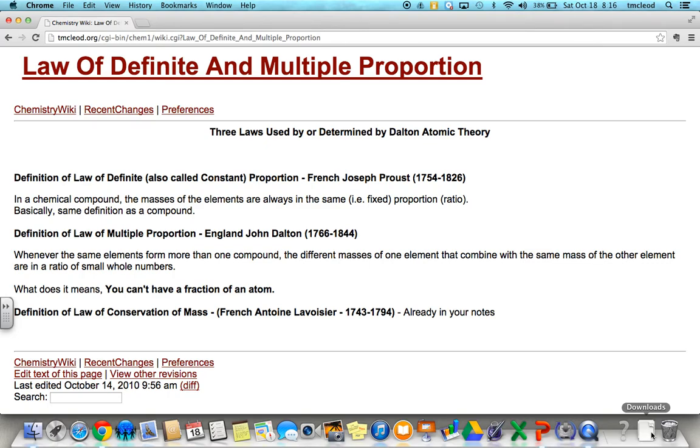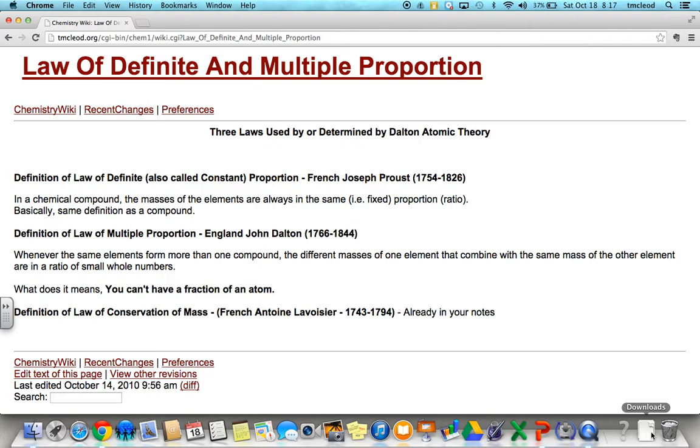Which makes sense, because the theory behind the law of multiple proportion is that you can't break up atoms. In essence, atoms are the smallest thing, so therefore they have to come in whole number ratios. Again, this law of multiple proportion, like definite proportion, is all about massing things.